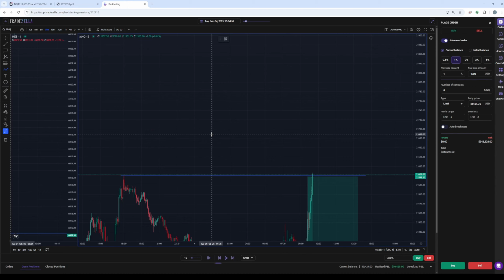The whole concept of ICT is essentially this power of three concept. ICT is all about orders and liquidity. So even if you were in order flow or something else, you would see liquidity, you would see orders built up. And then what we always want to see is a raid on orders or a stop run.